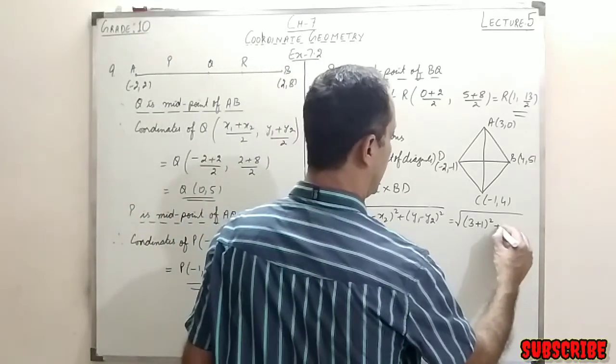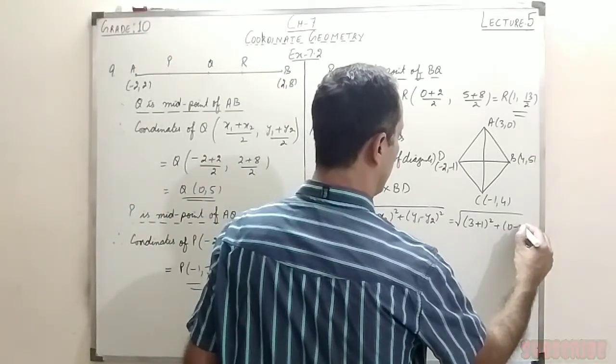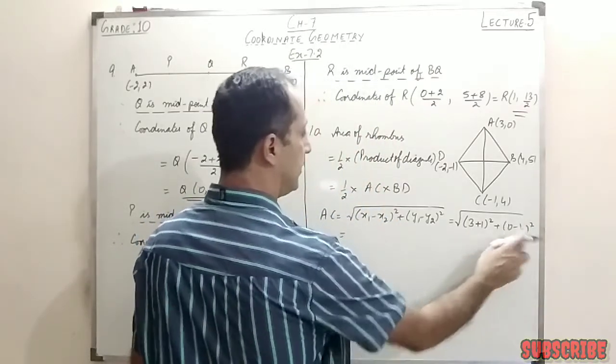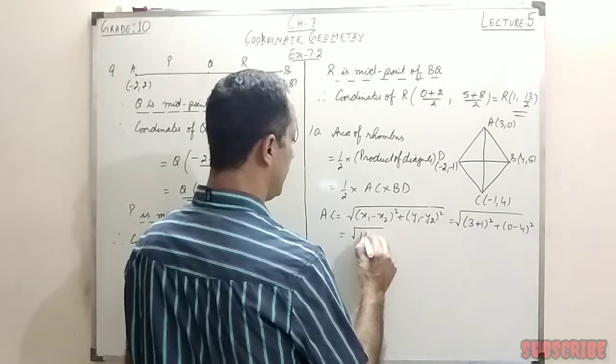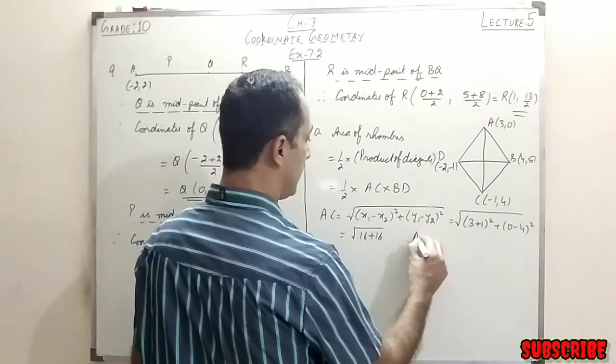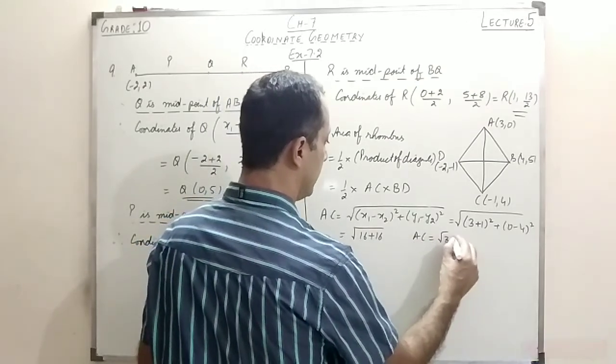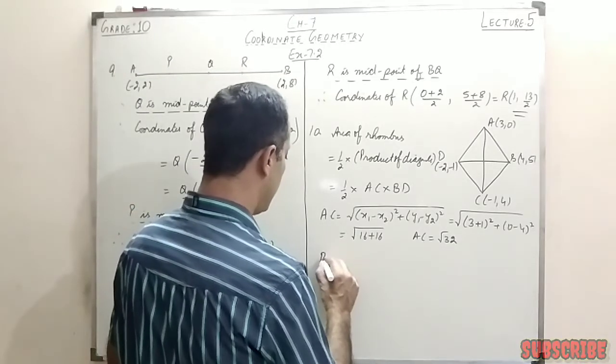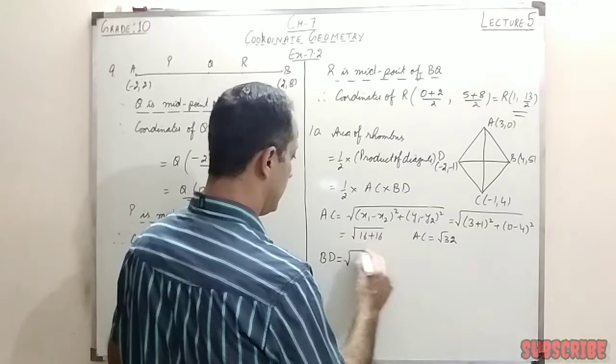And on the other hand, I have 0 minus 4 whole square. So this is 4 whole square, 16. This is also 16. So this is under root 16 plus 16. I get it as AC equal to root 32, right?